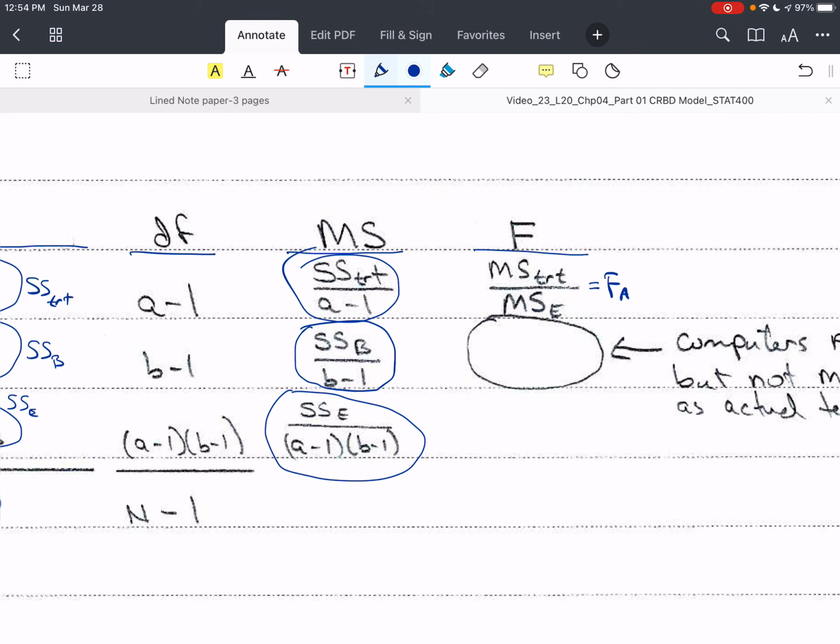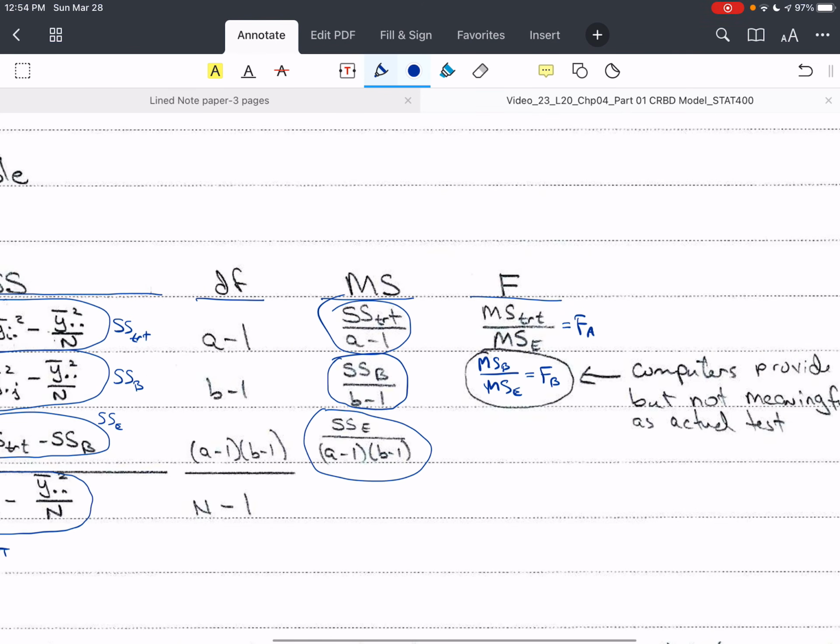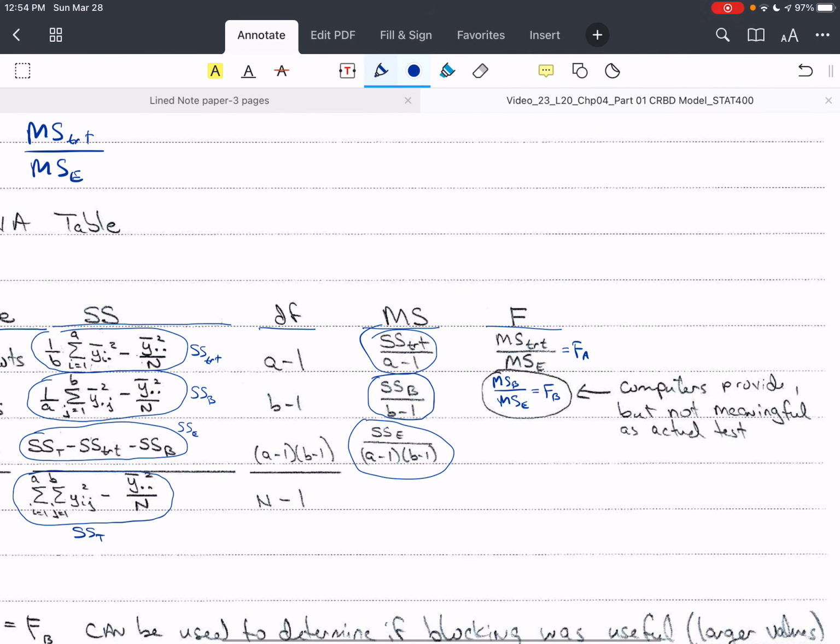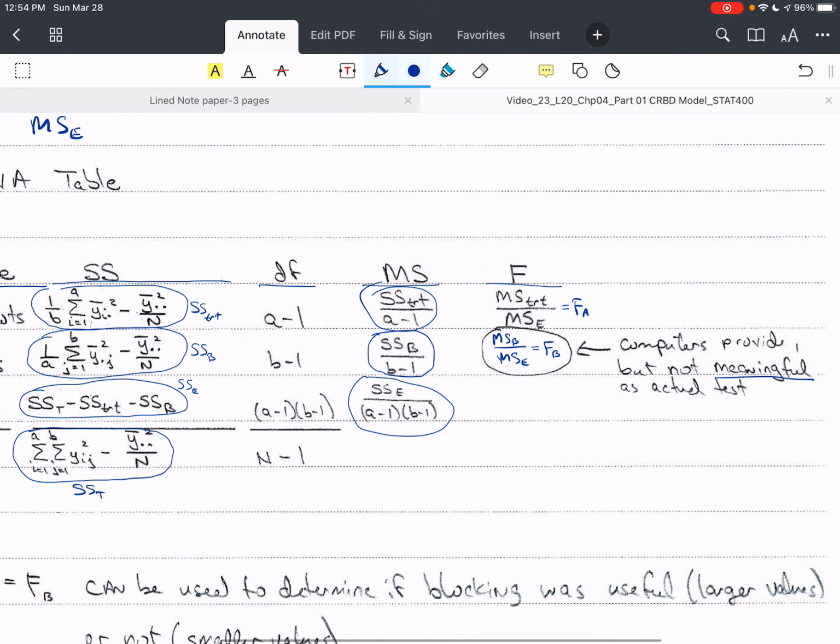So this is going to be MSB divided by MSE, and we call that F sub B, but computers spit this out because they do everything the same way, and they're programmed to always do this in the ANOVA table. But it's not meaningful as an actual test.